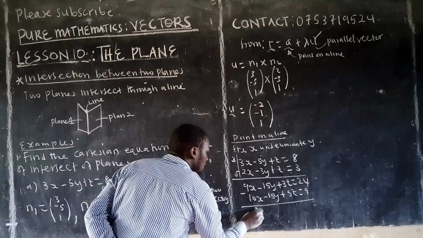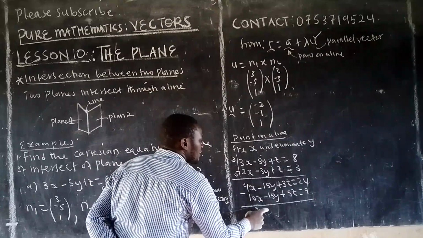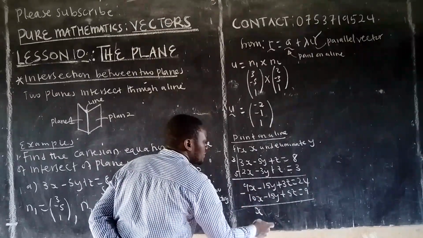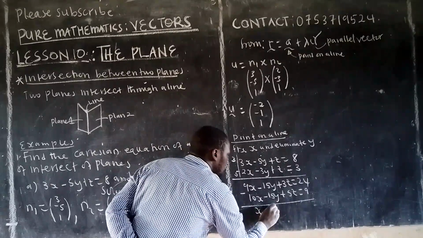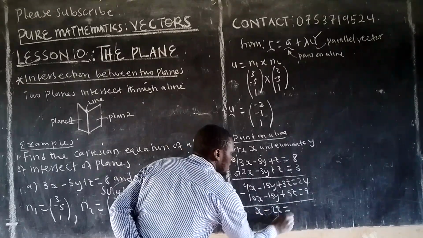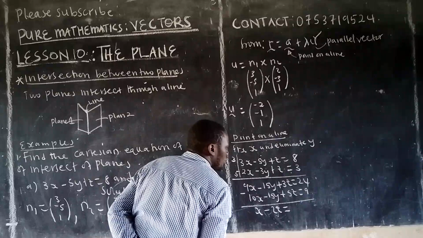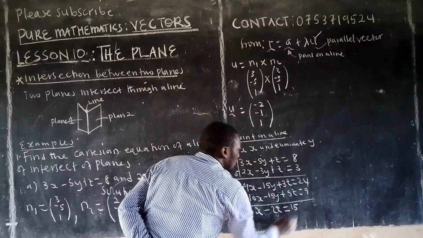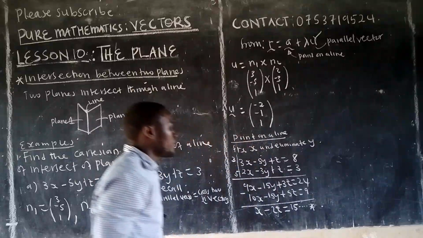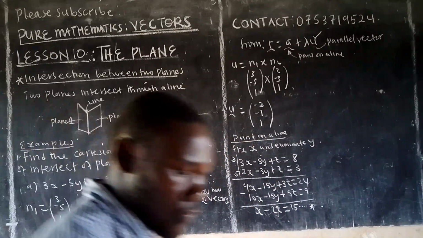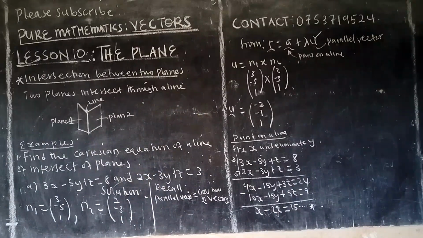Here negative 15 minus negative 15 will be 0. 3z minus 5z will be negative 2z is equal to 24 minus 9, that will be 15. And this one here is equation star. We now need to proceed. Is it clear there? Right, good.